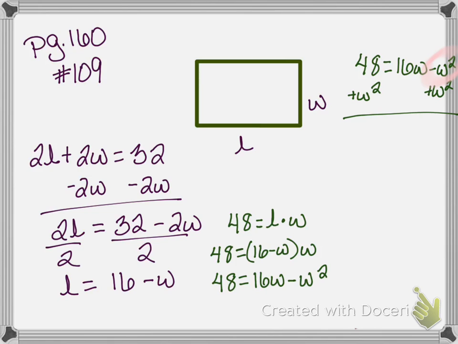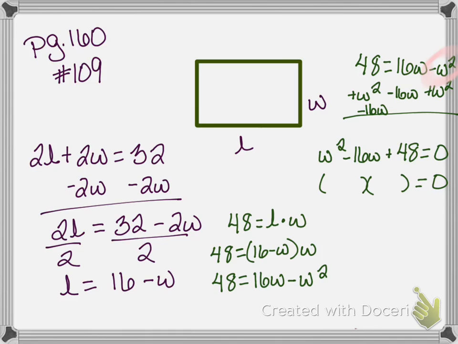And then I'm also going to subtract 16W from both sides. So I am going to end up with W squared minus 16W plus 48, and that is going to be equal to 0. And at this point, I can factor this.